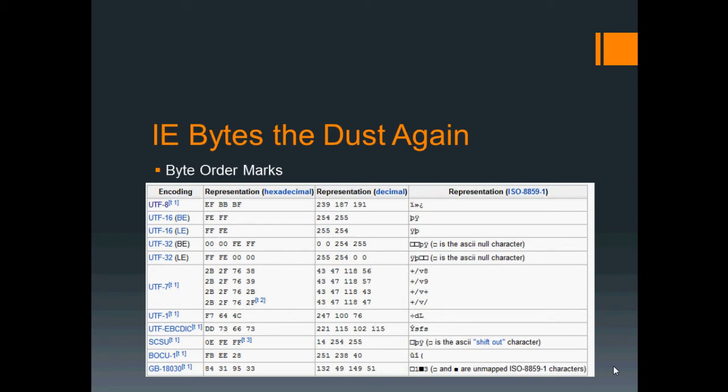So things like we talked about, the UTF-7, being able to do that, or possibly just doing incompatible things like UTF-32 would also be a problem. That's just another thing that with IE you have to be aware of. They do strange things sometimes.